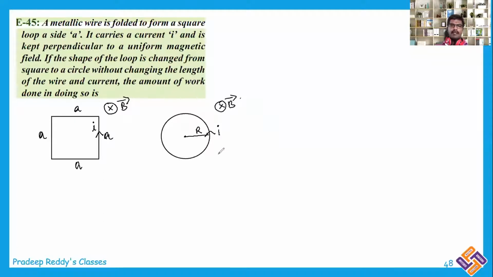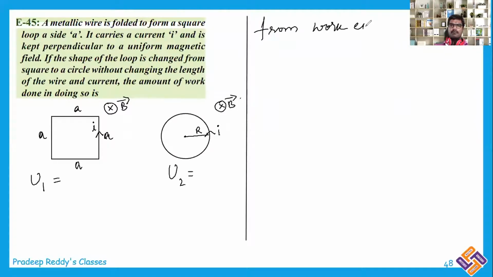In order to calculate work done, first I will find the potential energy here, and then the potential energy there. In this same magnetic field, I am doing work, so there is some change in the potential energy. From the work energy theorem, work done is equal to the change in potential energy.